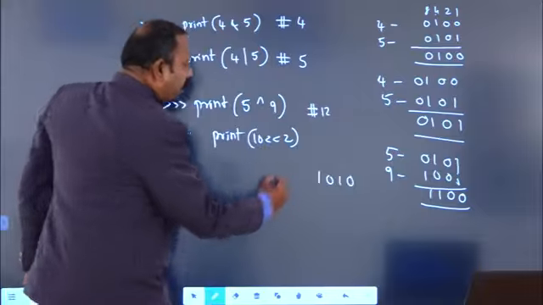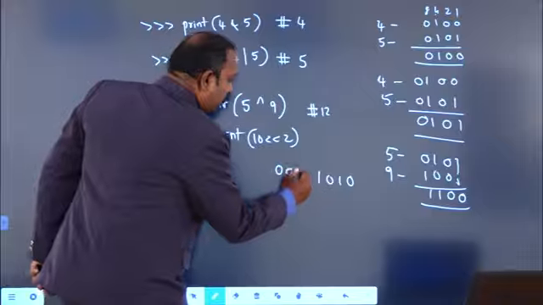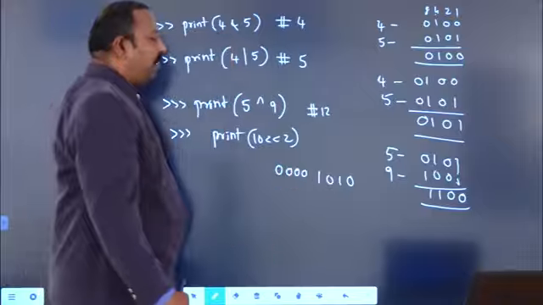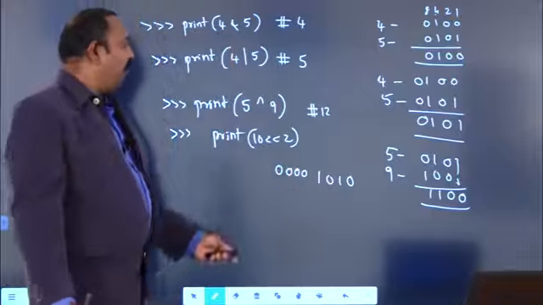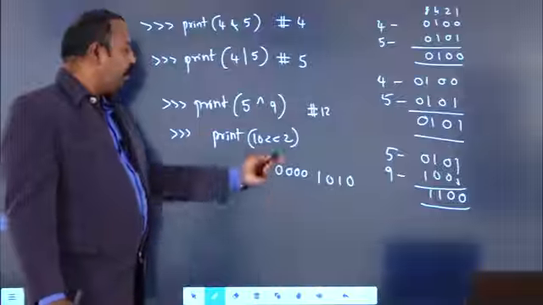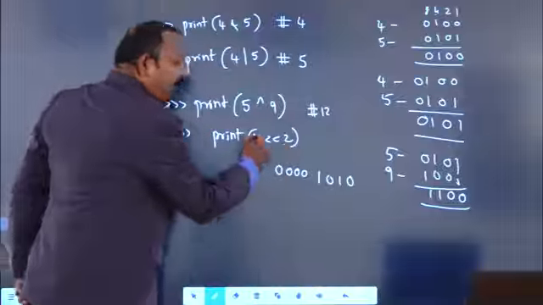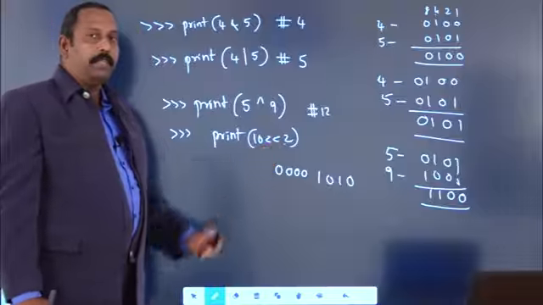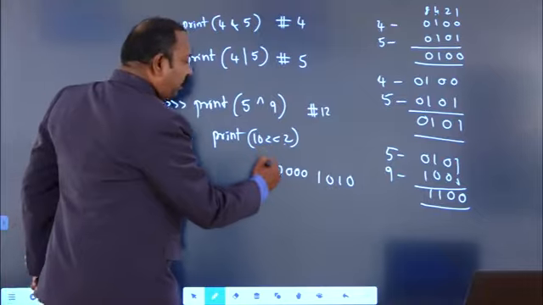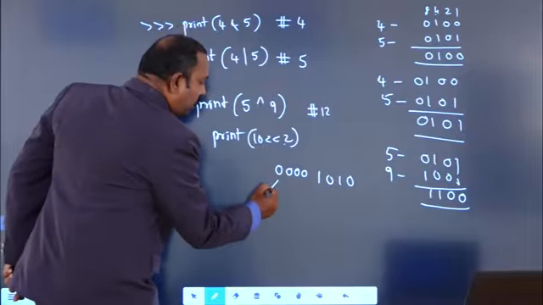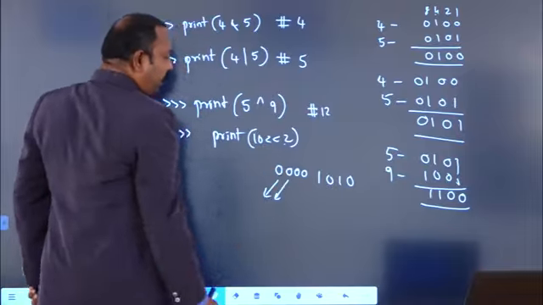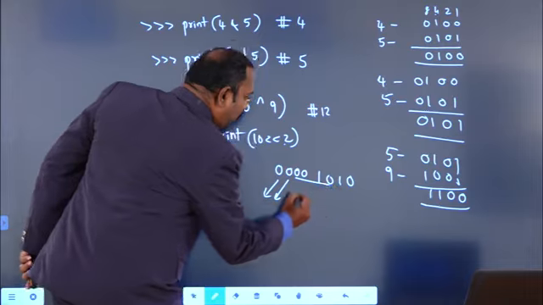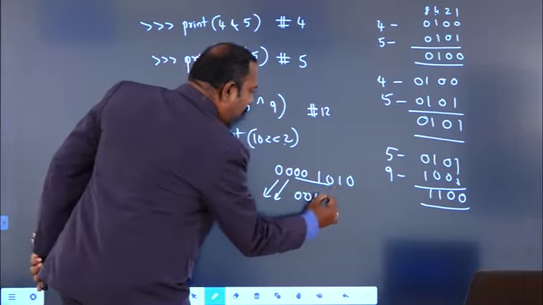Suppose you are considering 8 bits, then the remaining 4 will be considered as 0. Then what do you have to do? We have to shift 2 bits. If we want to shift some bits, we have to specify how many here. We have given 2, which means we have to shift 2 bits to the left. The remaining bits will be considered as 0 0 1 0, and here 1.